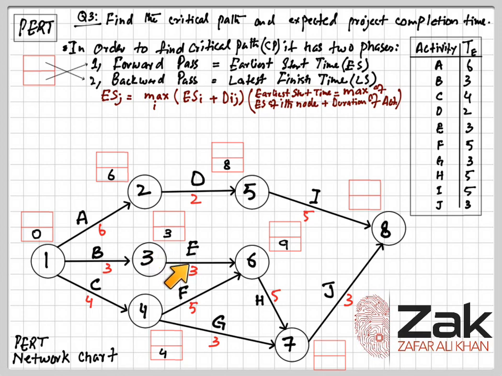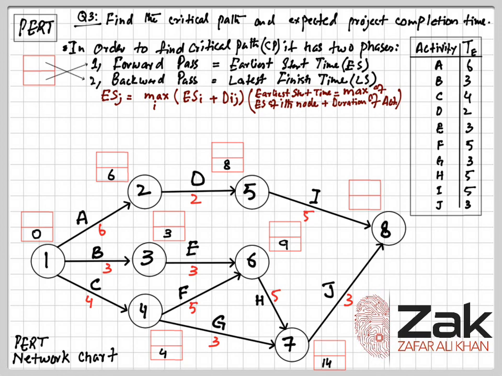So 3 plus 3 is 6. But if we take F, the earliest start time for activity F will be 4 and the duration is 5. So 5 plus 4 is 9. So we will take 9 because we have to take the maximum of these two values. So maximum is 9, so we will take 9.